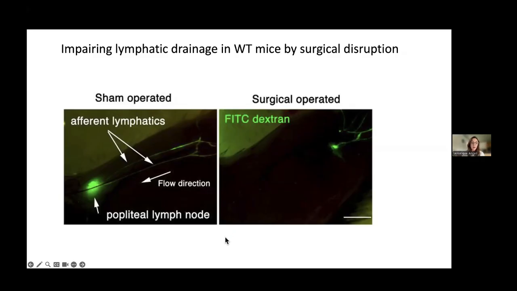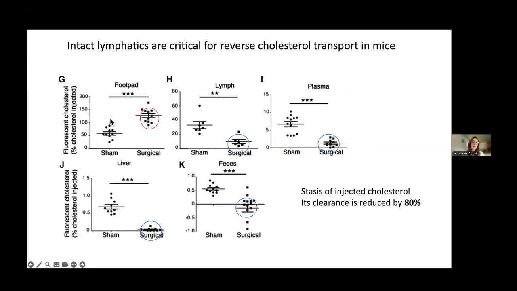We compared the transport of cholesterol in mice with functioning lymphatics and those that have impaired lymphatic drainage. You can see that this cholesterol is now accumulating in the footpad when the lymphatics are resected.